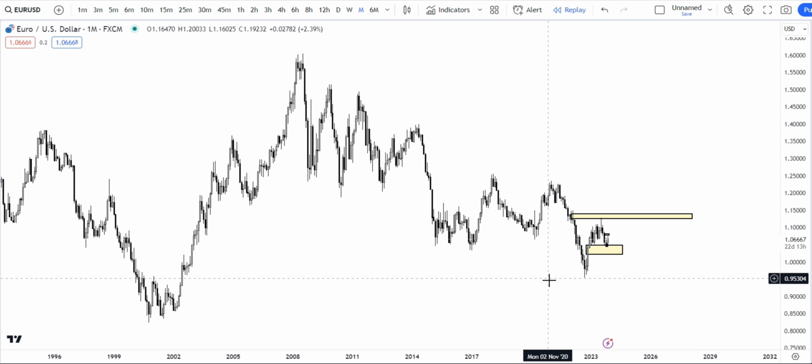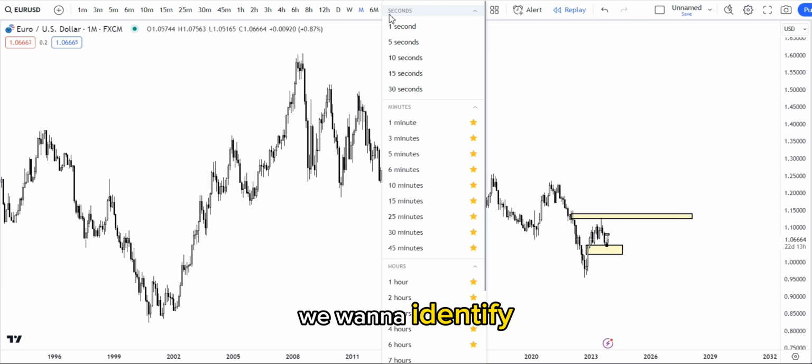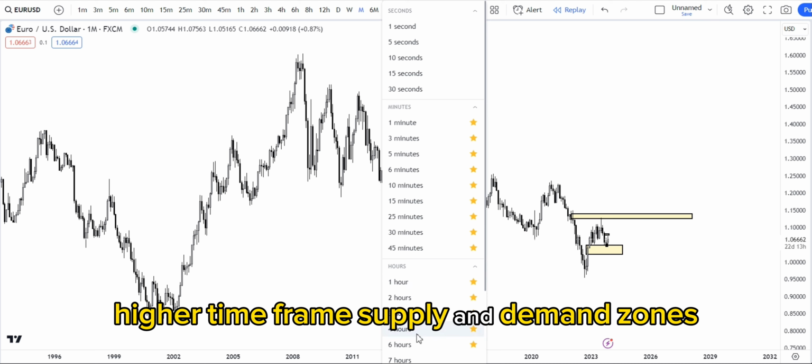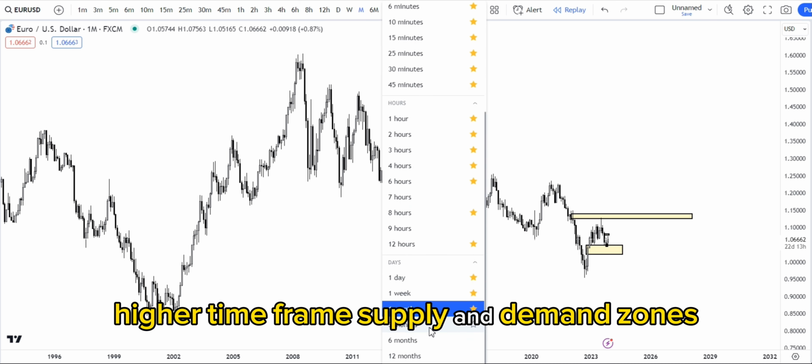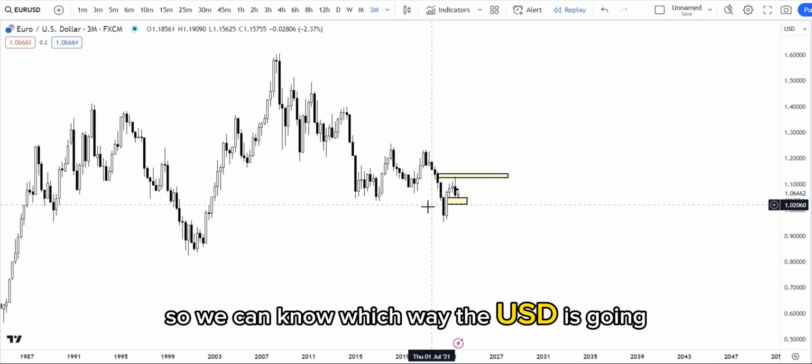First of all, this is the monthly chart. We want to identify higher time frame supply and demand zones, so we can know which way the Euro USD is going.